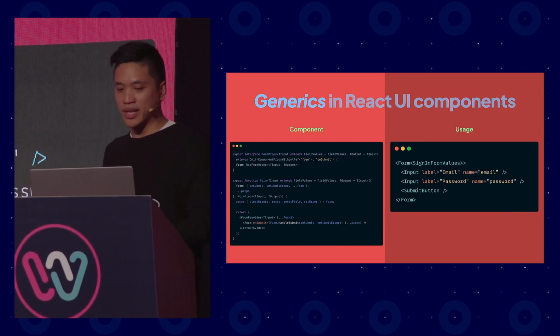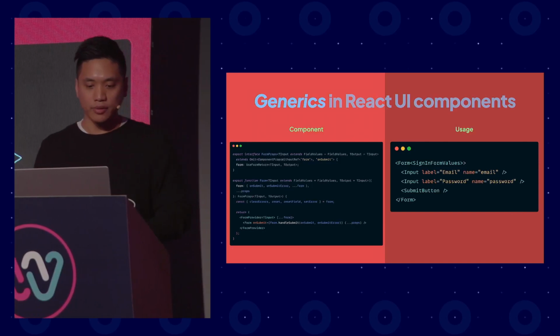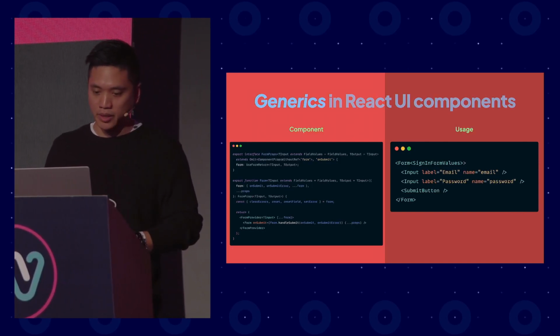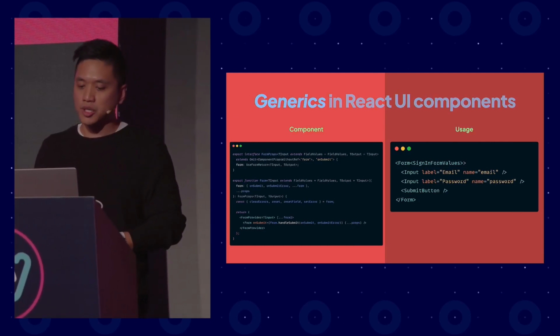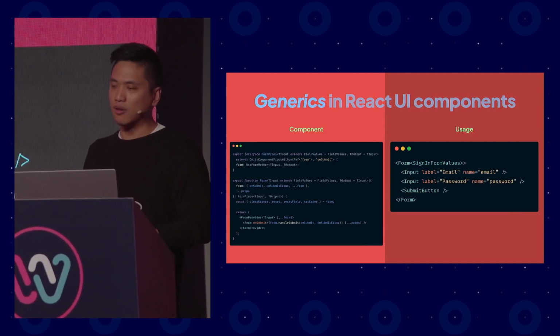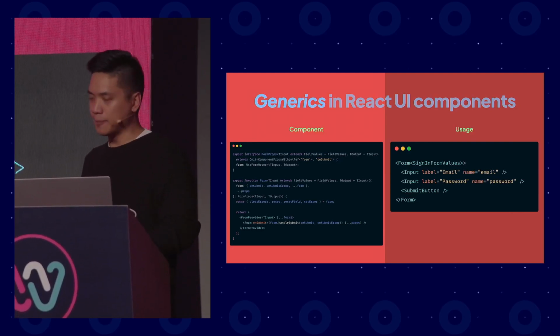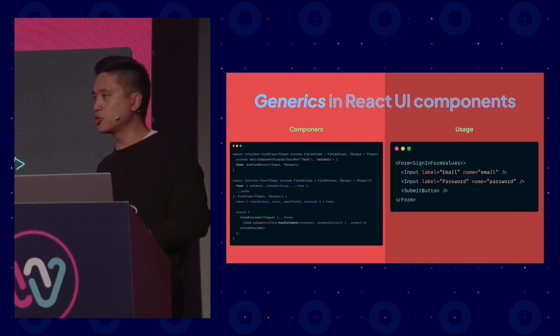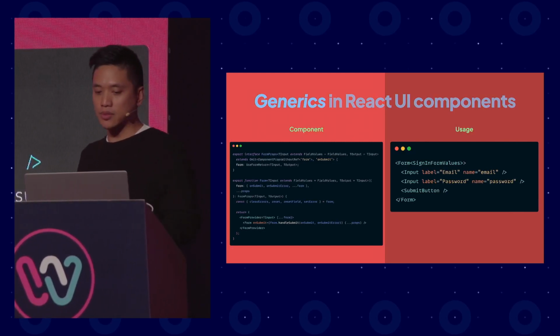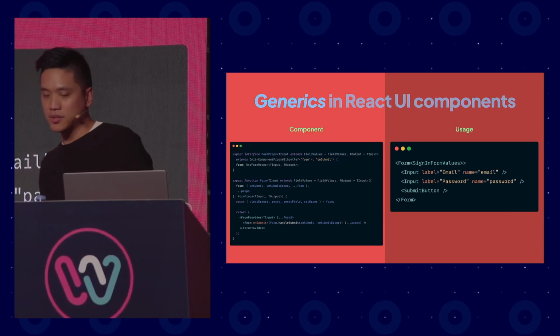Here is an example where I most often use it, which is in forms. The usage here isn't actually necessary, and I try to avoid the syntax, but I thought it's nice to show and to know that you can actually pass generic types to a JSX element like this.